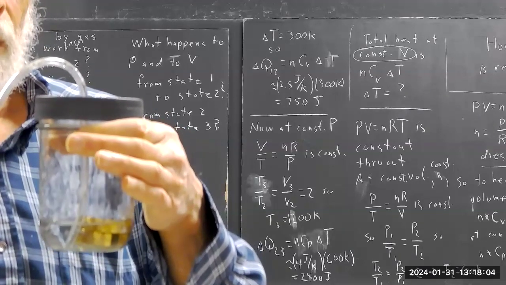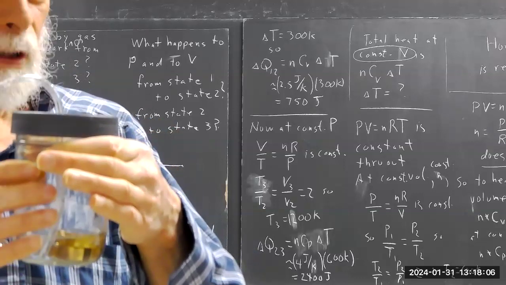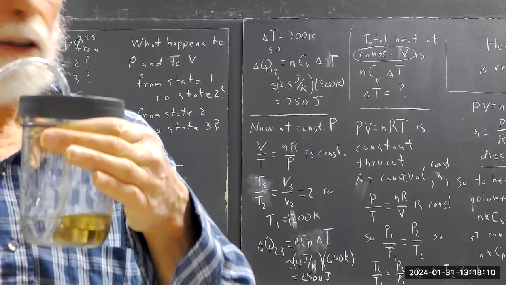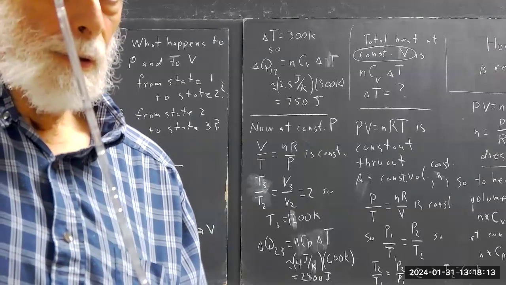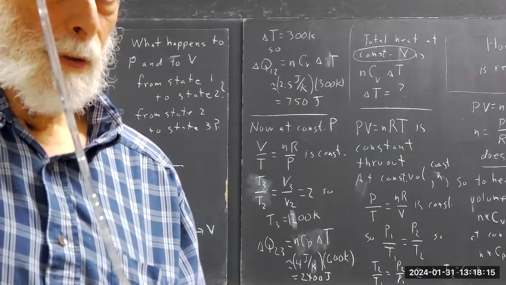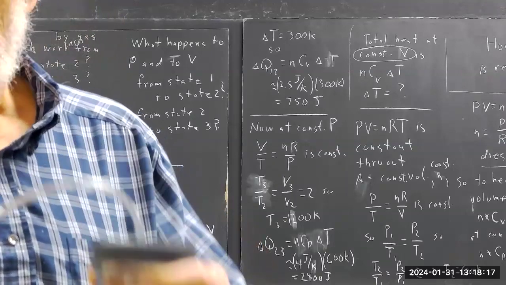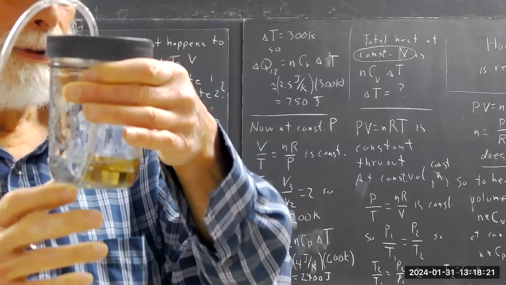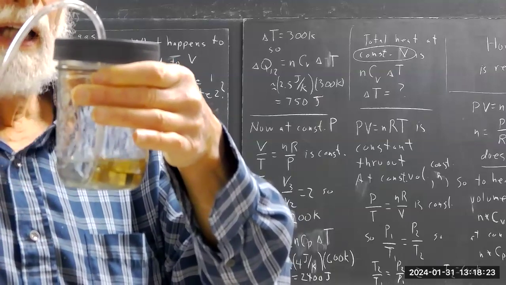So what happens is we heat the gas up. We do a negligible amount of work to raise the water, and nothing in here moves very much, so the gas hasn't done much work.